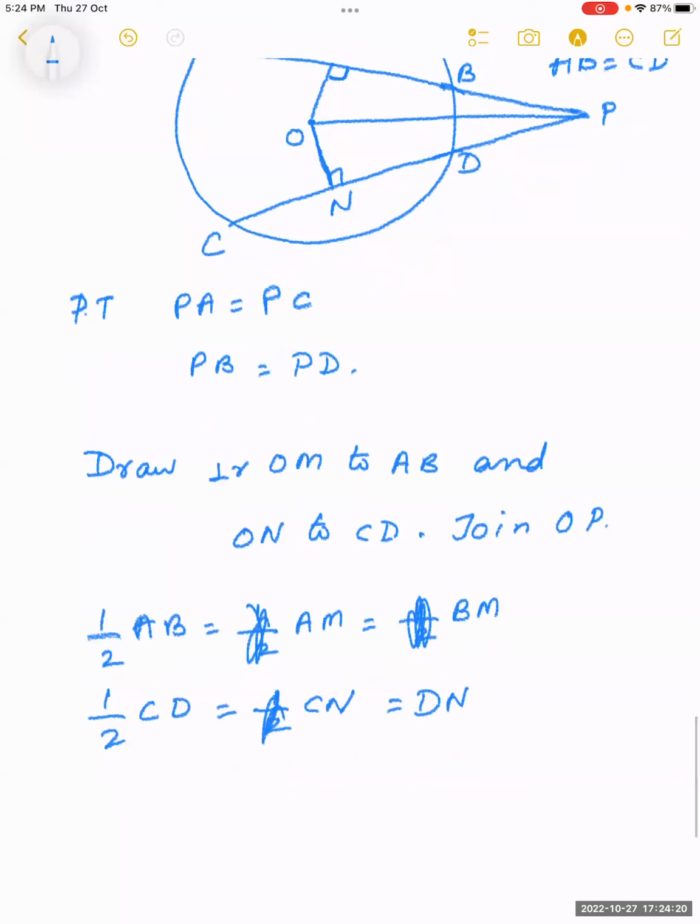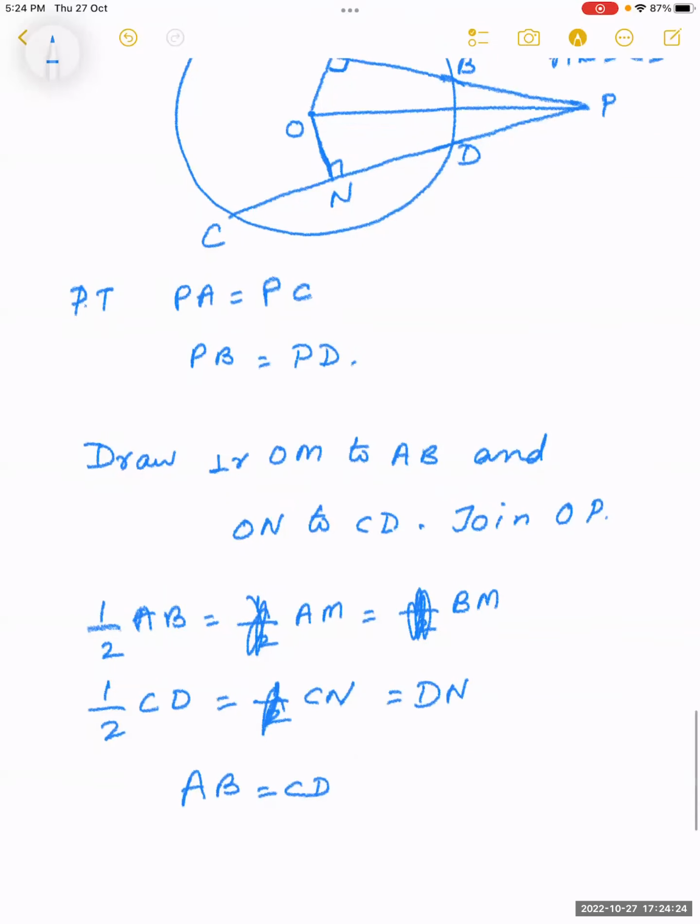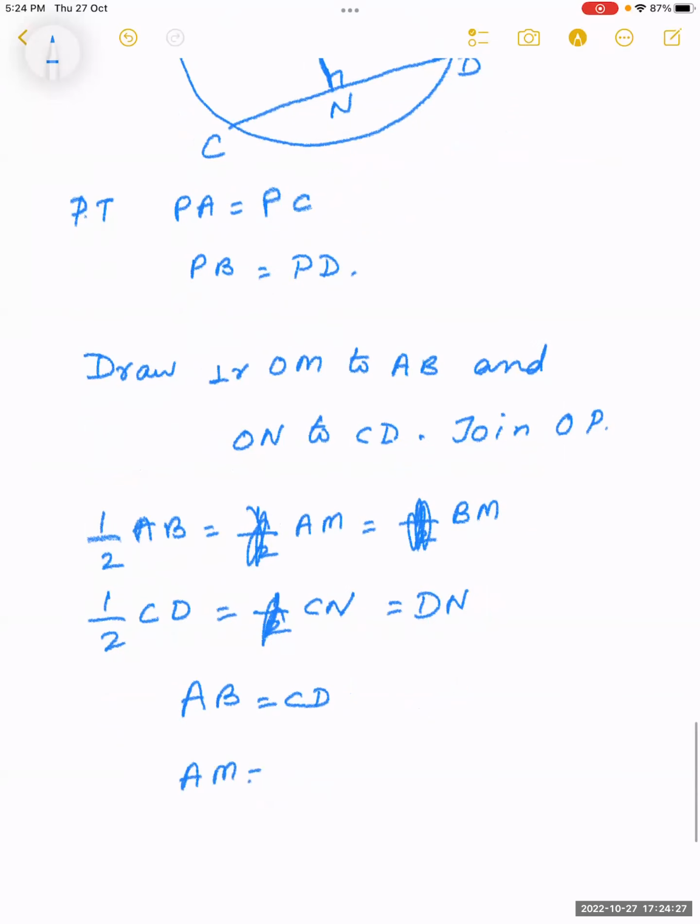Two equal chords means AB is equal to CD. That means AM equal to BM equal to CN equal to DN. Correct? Are you all understanding? Yes, ma'am. Given that chords are equal.